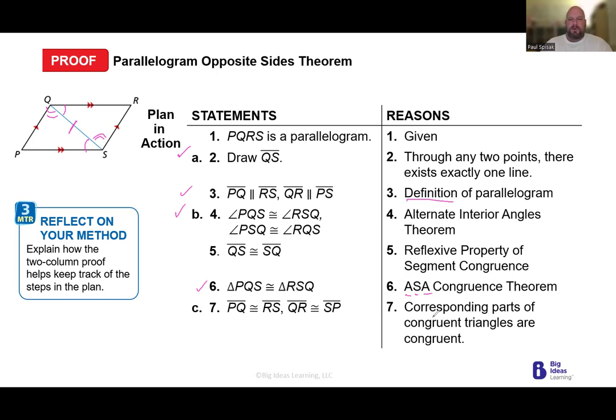So they wrote the whole thing out here. Corresponding parts of congruent triangles are congruent, which is also known as CPCTC. So since all the parts in the triangles are congruent, we can write the statement. That was what our proof statement was. The 2 parts PQ and RS are congruent, as well as segments QR and SP.